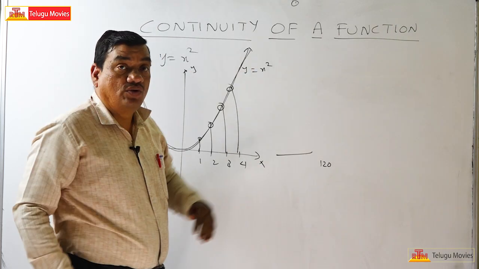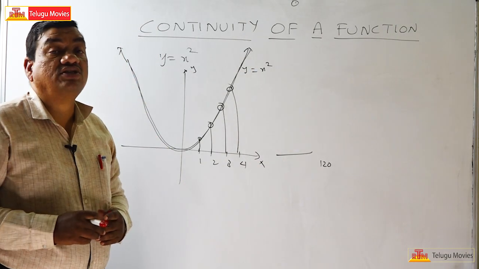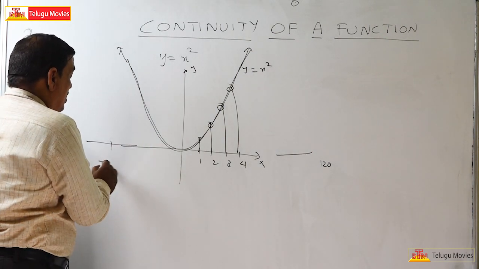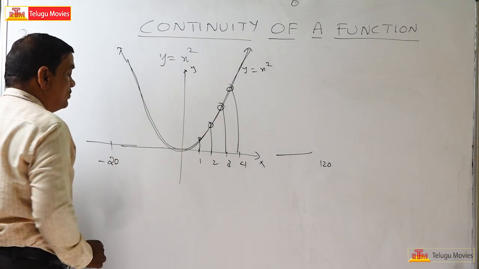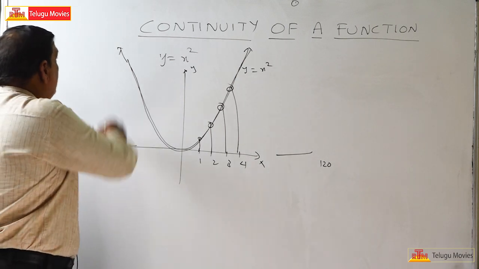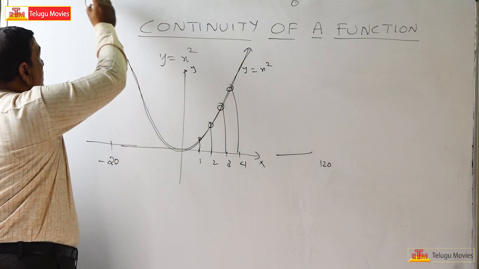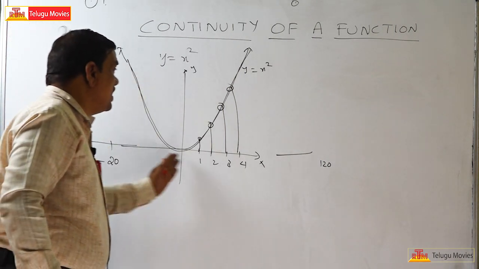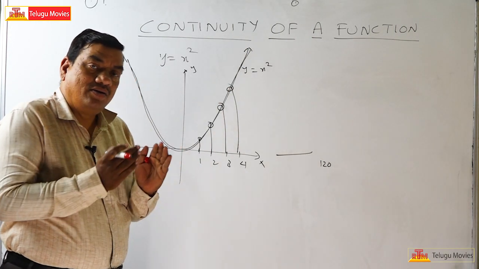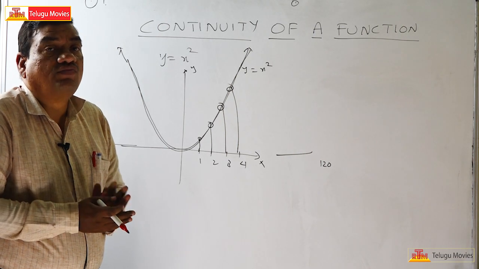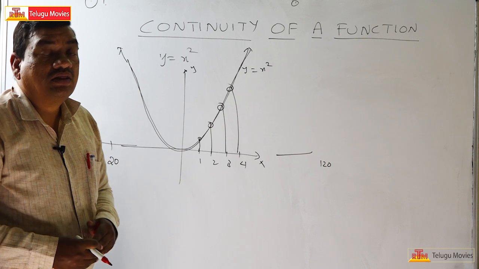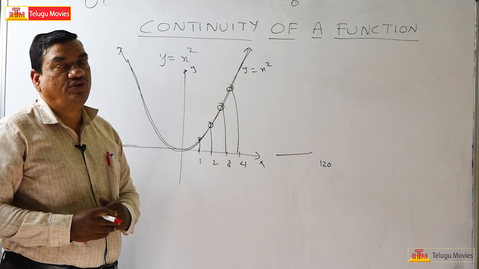Up to that we have to draw the graph and check whether it is continuous or not. If I ask you to check whether it is continuous at minus 20, somewhere it will come. We don't know whether it is continuous or not. Just by seeing a little bit of the graph, we cannot conclude that the function is continuous.